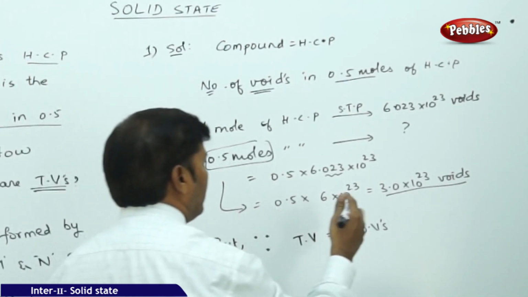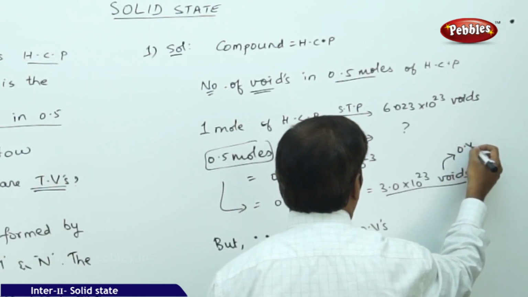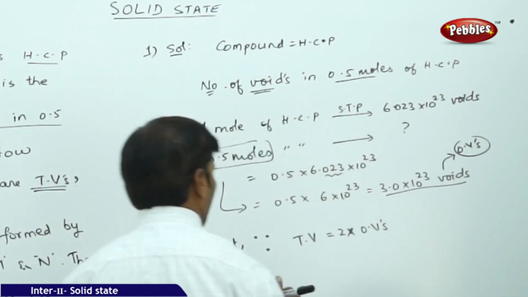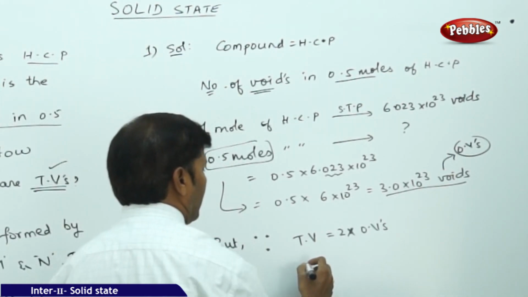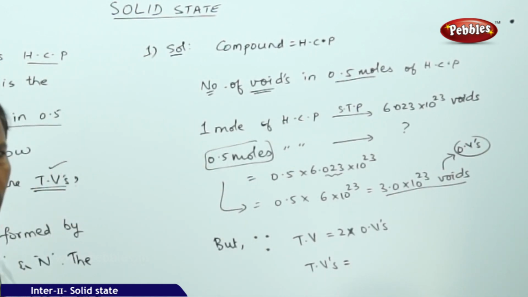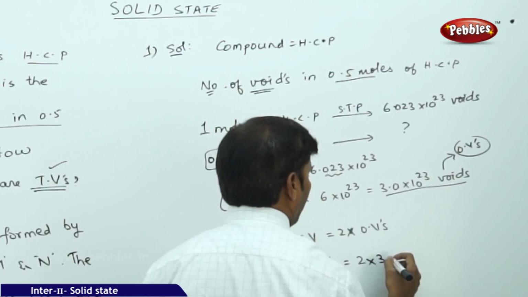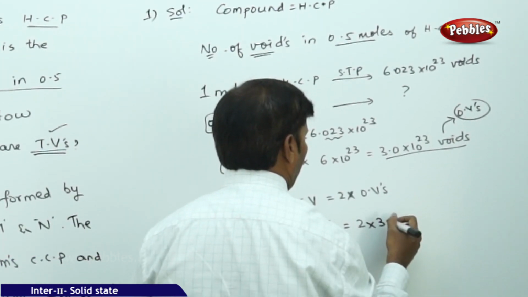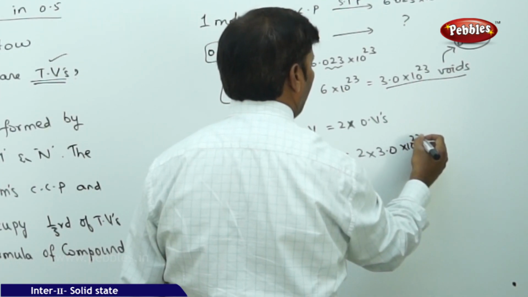So in 0.5 moles, 3.0 into 10 to the power of 23 voids belong to octahedral voids. Now to calculate the number of tetrahedral voids, it is 2 into the number of octahedral voids, so 2 into 3.0 into 10 to the power of 23 voids.